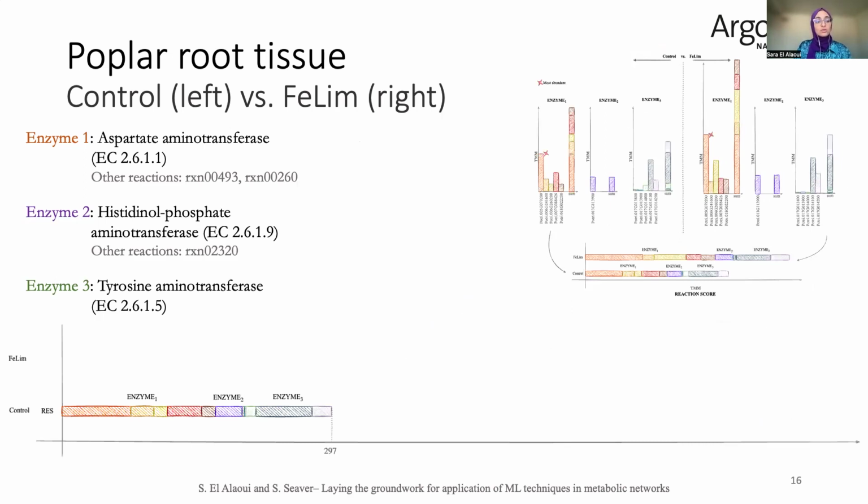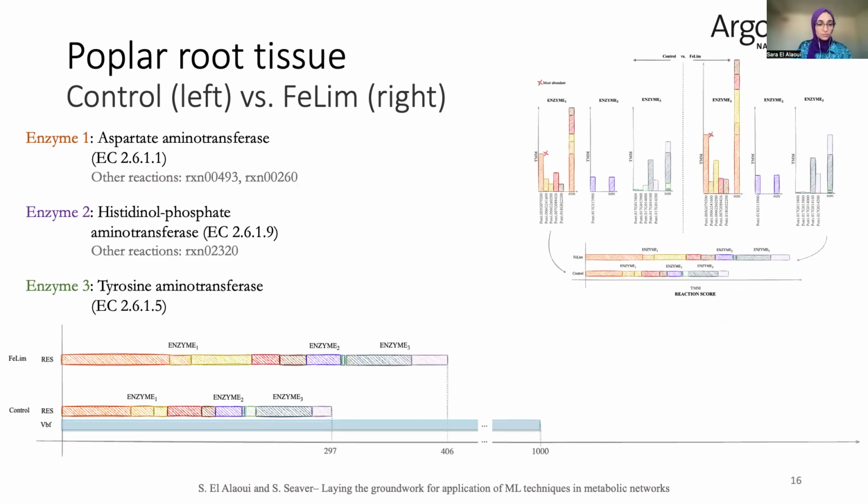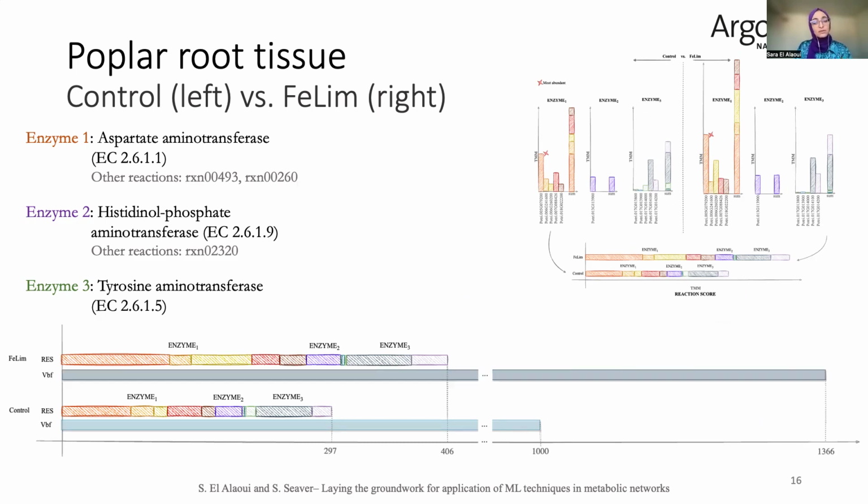Under the control, the reaction expression score is 297, and then VBF is 1000, because the cap was, I think, 3 point something. Under limited iron, the score was 400, but then VBF was 1366. So you can already see how this could affect the results of fluxes going through that reaction in simulation.